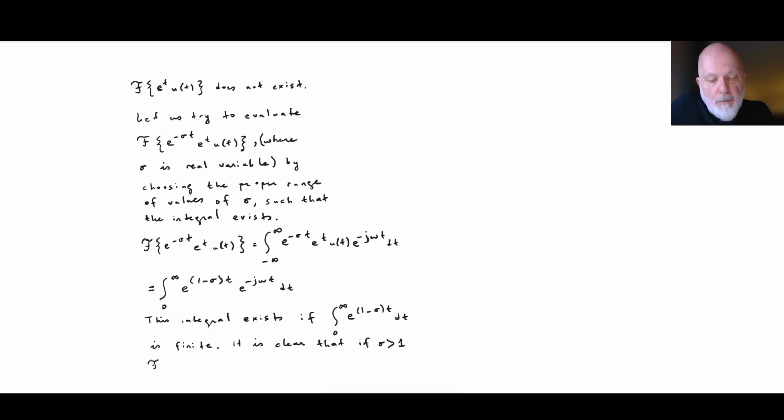Fourier transform, therefore, of e to minus sigma t e to t u of t exists.